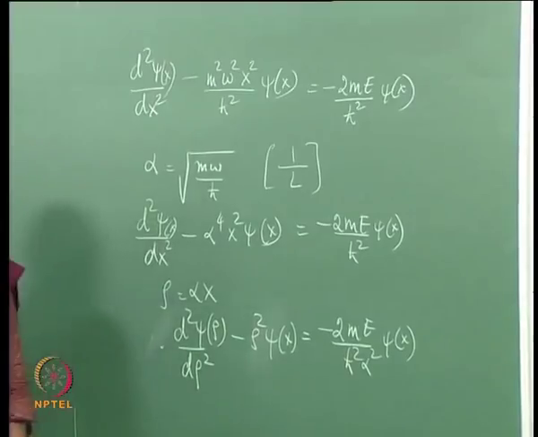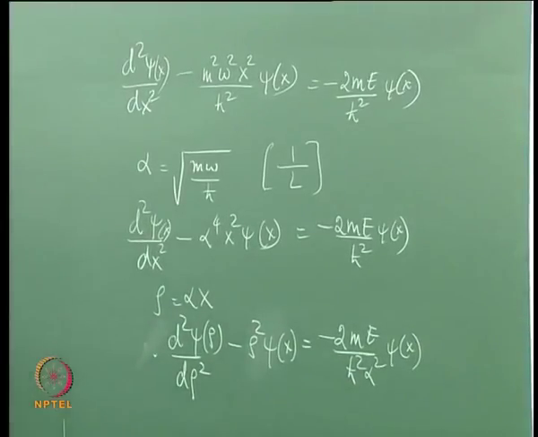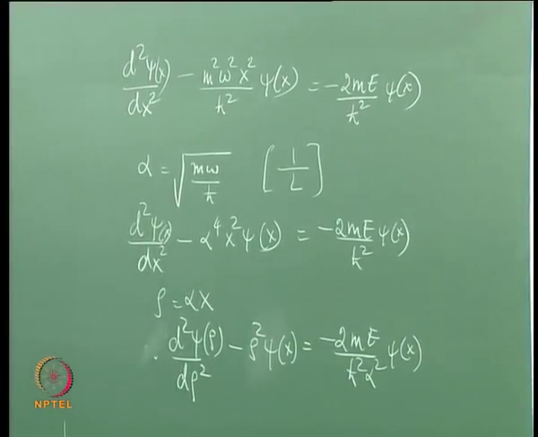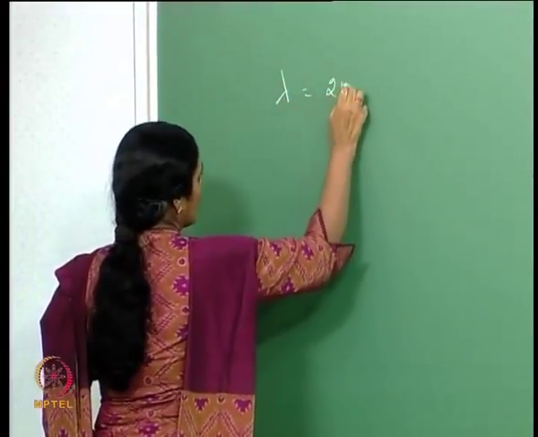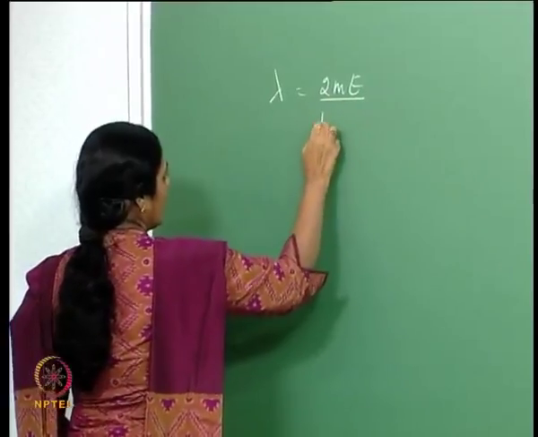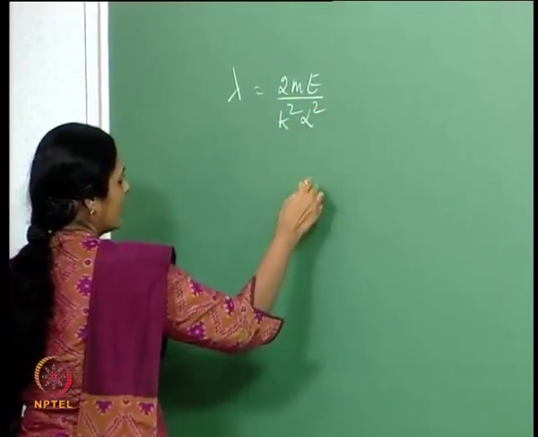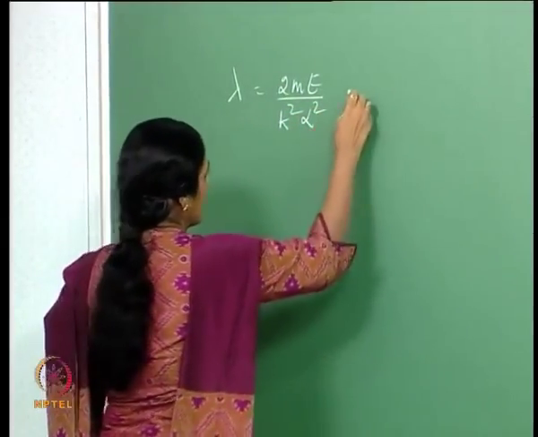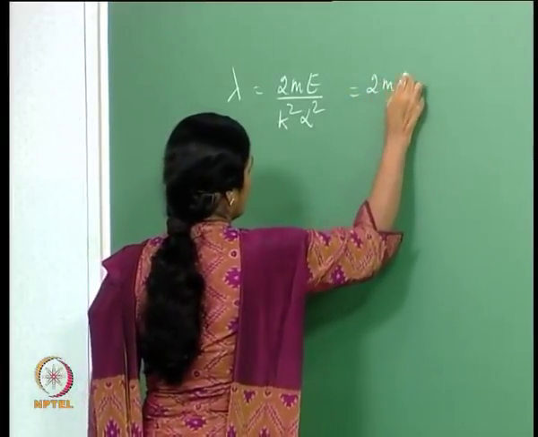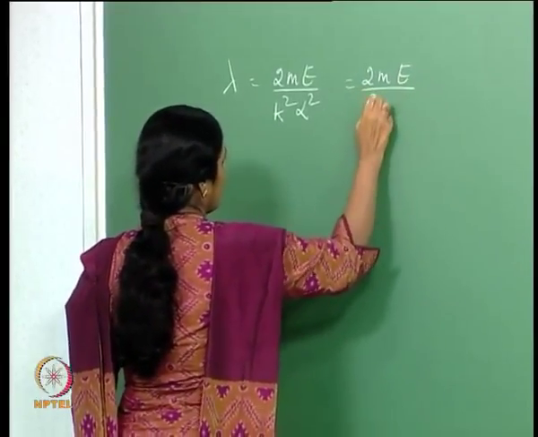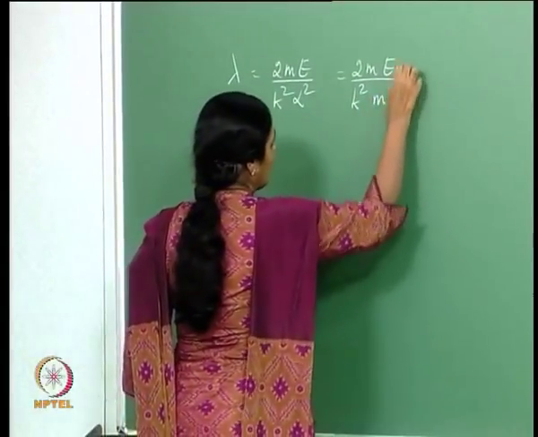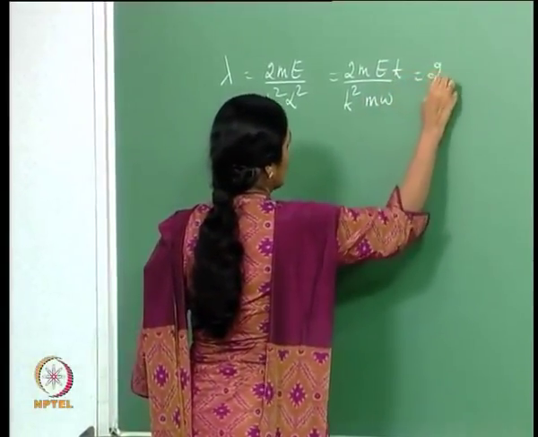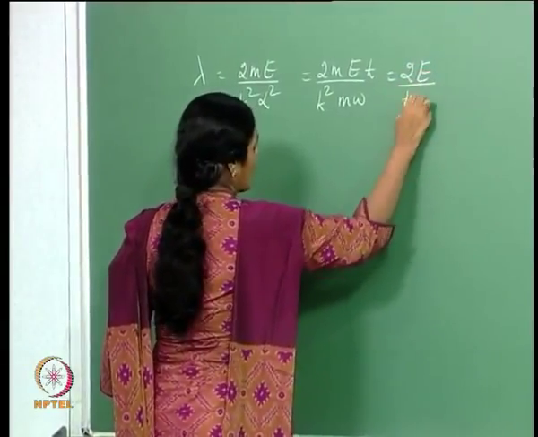This object 2mE by h cross squared alpha squared is again a dimensionless quantity. I define lambda as 2mE by h cross squared alpha squared, and since alpha was root of m omega by h cross, I have an m omega by h cross here, and so this quantity is 2E by h cross omega.